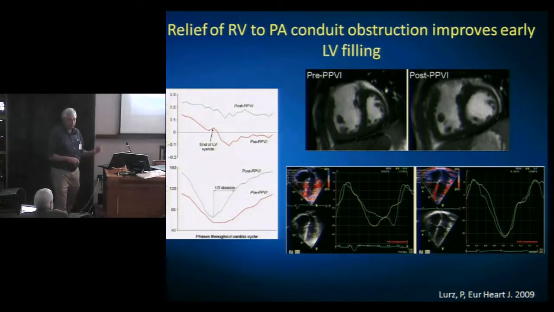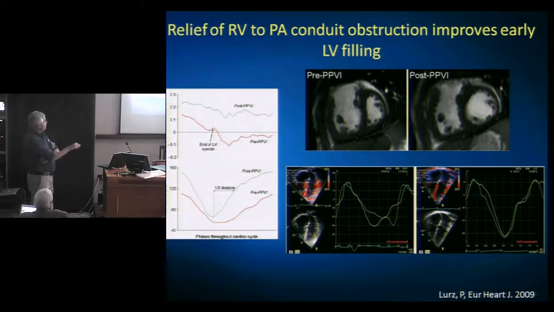But what the London group has nicely shown, and this is work from Philip Lutz and Andrew Taylor from the MRI group at Great Ormond Street, is that when you replace the pulmonary valve, you change the dynamics between the right and left ventricle, which are mediated in part at least through the ventricular septum.